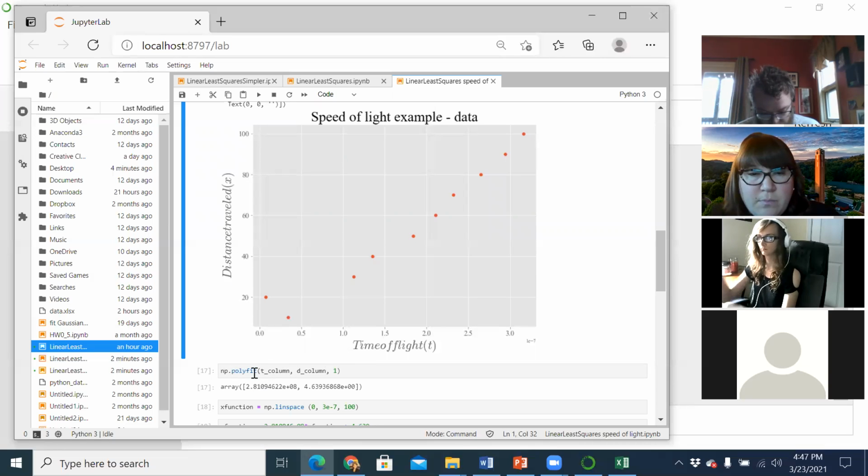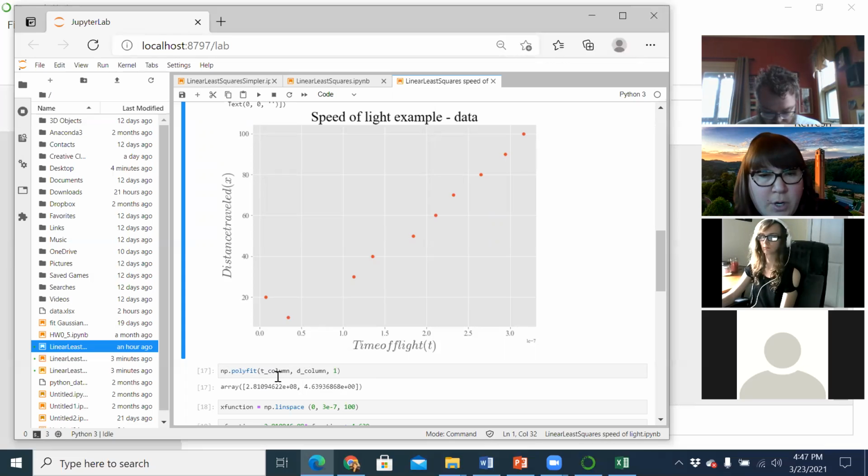This one, np.polyfit, uses linear least squares regression. If you choose a 1 here, you're choosing a polynomial of order 1, so y equals mx plus b. This can do more than first order linear least squares regression, but for now we're using it just for first order.